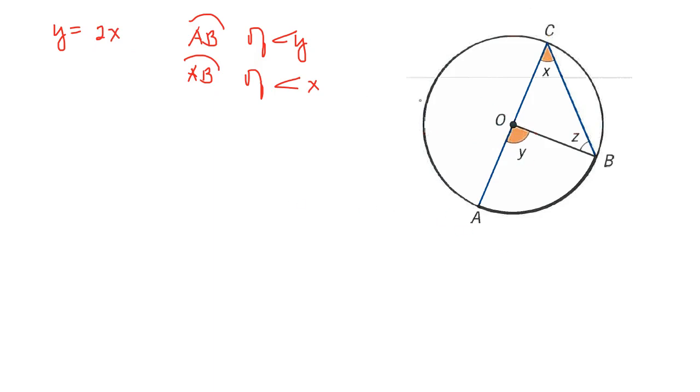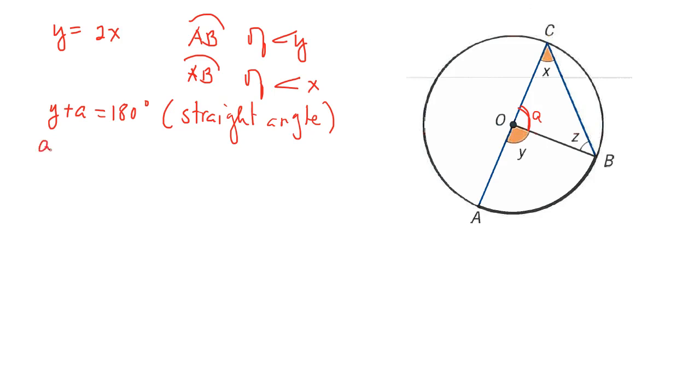Let's say this is A. Then we see that y plus A is equal to 180 degrees. Why? It is a straight angle. And then we have the sum of the angles of the triangle, which is always 180.